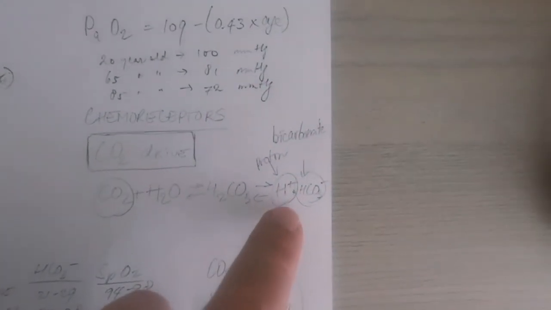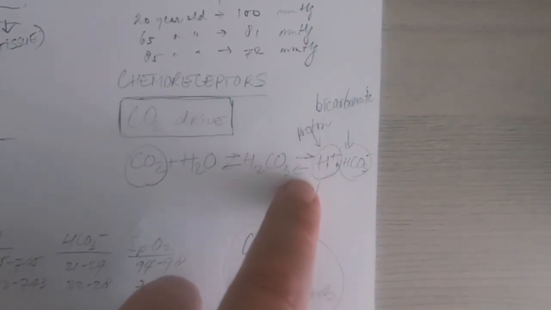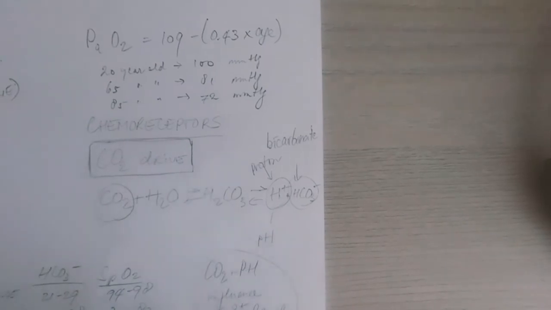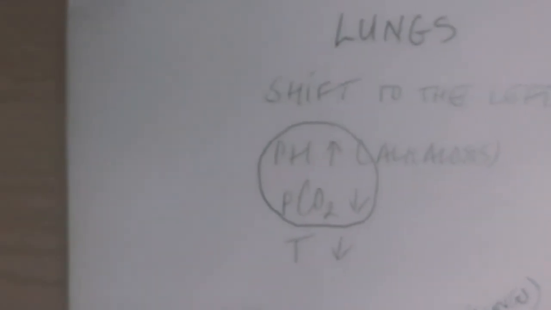It becomes carbonic acid, and then that forms an equilibrium of protons, which make acid, so your pH goes down, and bicarbonate.